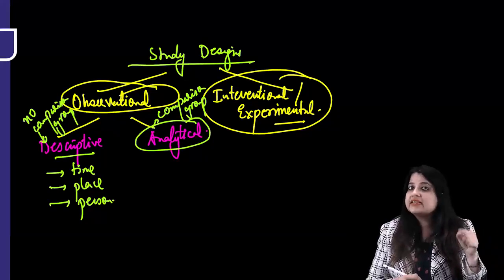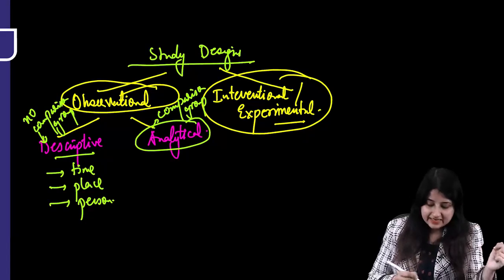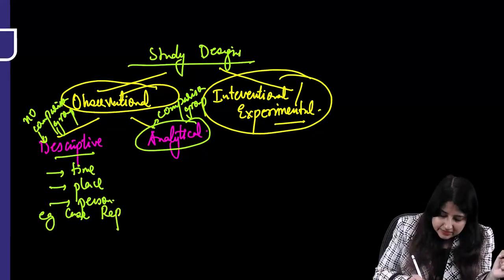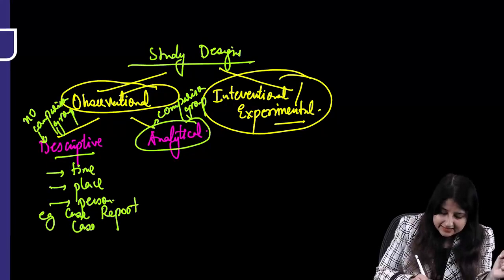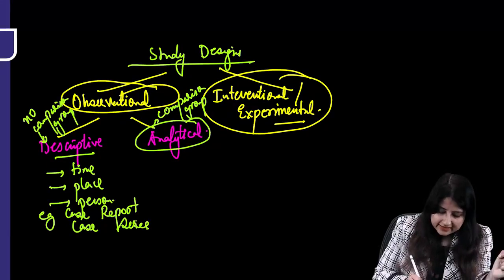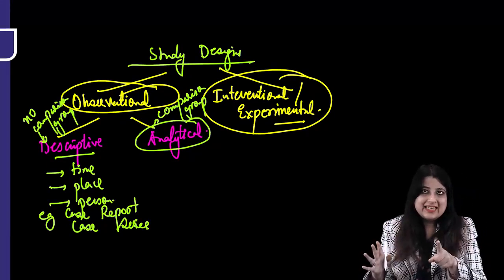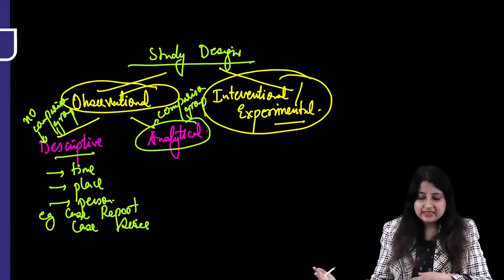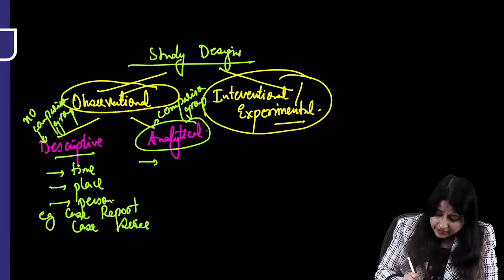So, we use a descriptive study design. What were the examples of descriptive study design? A case report and a case series. A case report is an individual case study and an aggregation of case reports makes what is known as a case series.